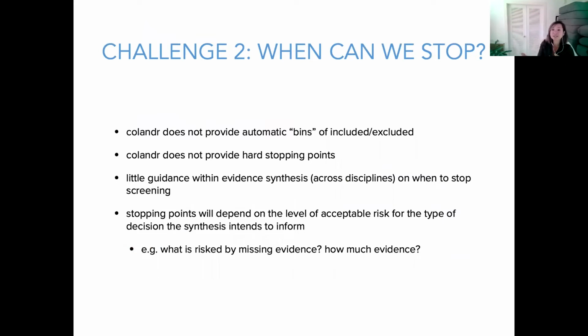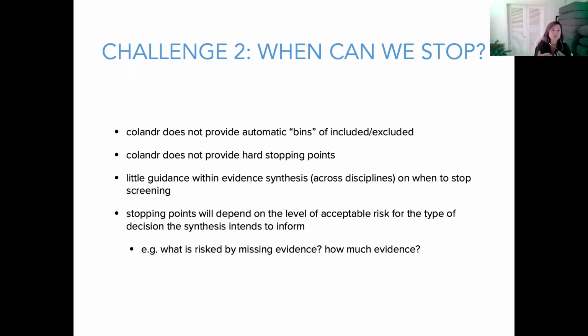So, to some extent, we've addressed that first challenge of applying technology to improve efficiency. But within that, there's a second related challenge. When can you actually stop screening? The idea with Colandr is that it should sift through relevant citations and get the ones that you want to the top, while the irrelevant ones fall to the bottom.